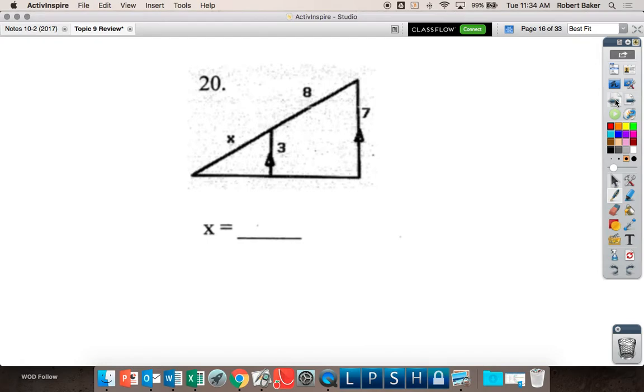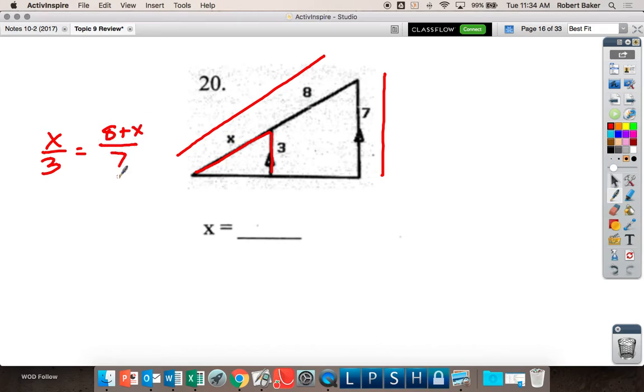Do I do small triangle over small triangle? Yeah. And then 8 plus 8, x plus x over 7. And then you cross. Let's see what happens.